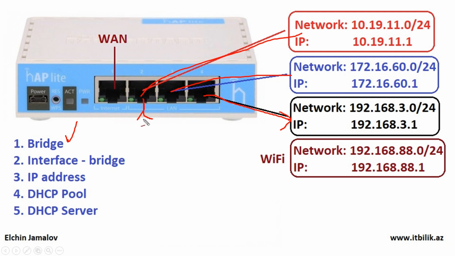When our clients are connected to the network, they should see their gateways. So the IP addresses you see here are the bridge IP addresses, and for clients these IP addresses are their gateways. Then, in order for our clients to automatically get IP addresses, we should create DHCP pools and activate the DHCP server.